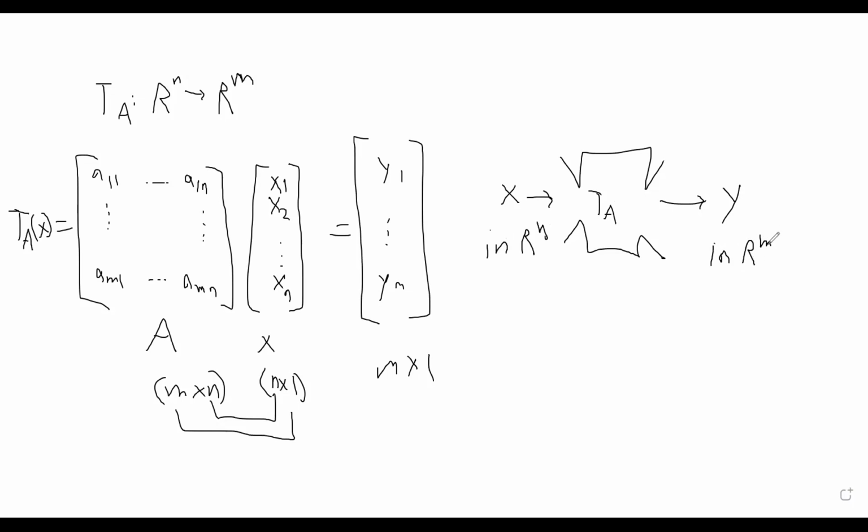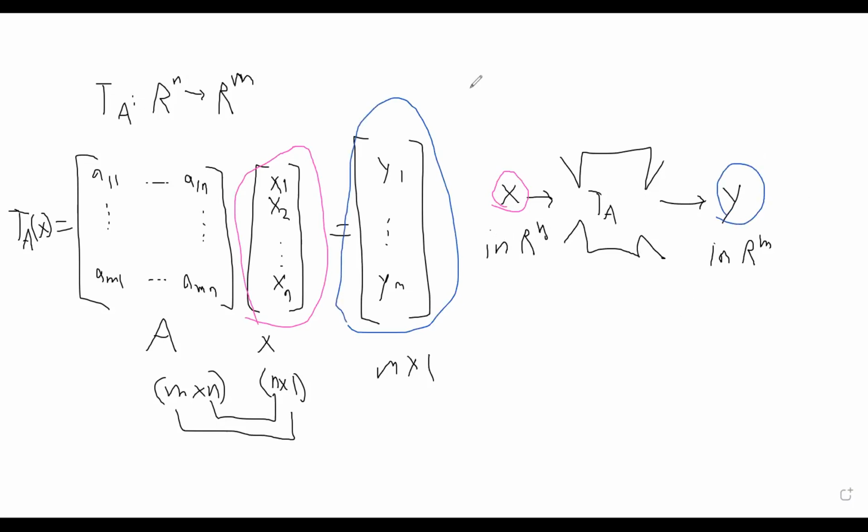So this map T sub A has an input, an n tuple. You're inputting an n tuple, and the result of left multiplying by A is an m by 1 vector, or an m tuple Y in Rm. So this is a map from Rn to Rm, left multiplication by a coefficient matrix A.